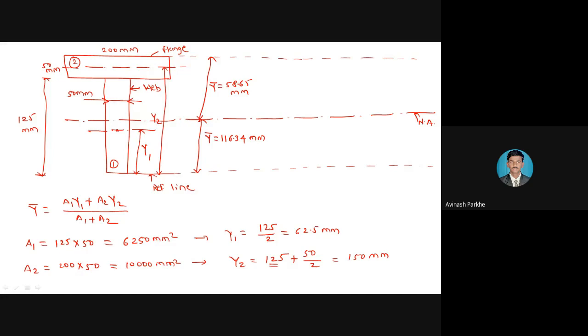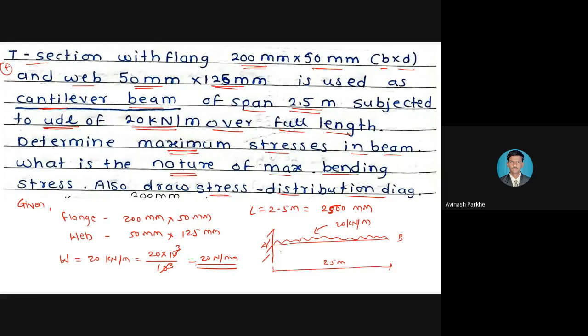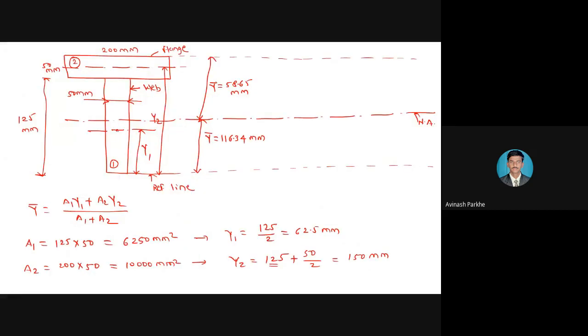Now here we can easily say that the type of beam is mentioned. The type of beam is already mentioned, that is a cantilever beam. Above the neutral axis, is a cantilever beam subjected to tension or compression? Above the neutral axis, it is tension, and below the neutral axis, it is compression.